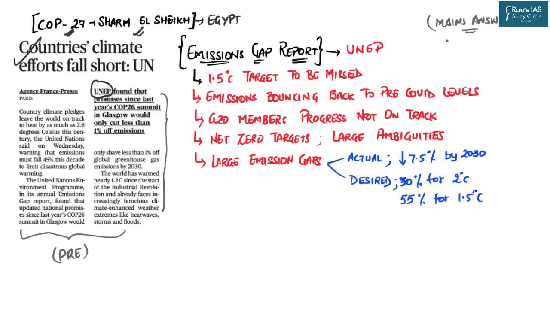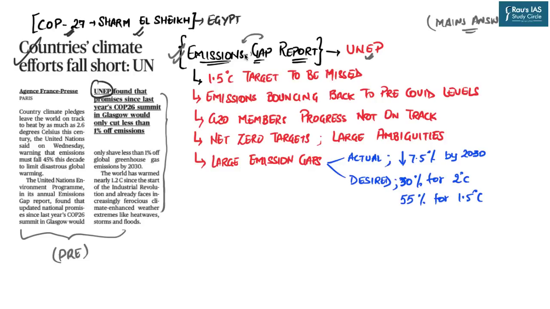The report which UNEP has come up with is the Emissions Gap Report. This is the annual report which is published by UNEP every year. Now, as the name suggests, this report basically analyzes the gaps between the emissions which the countries have pledged or are required to achieve to control climate change versus the actual emissions which the countries are contributing to the atmosphere.